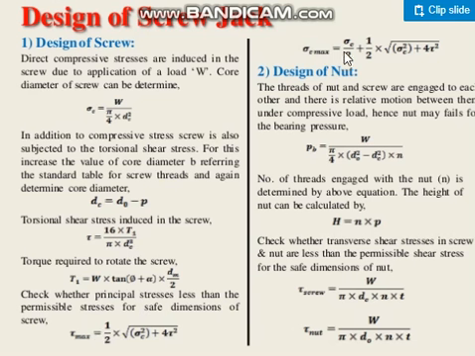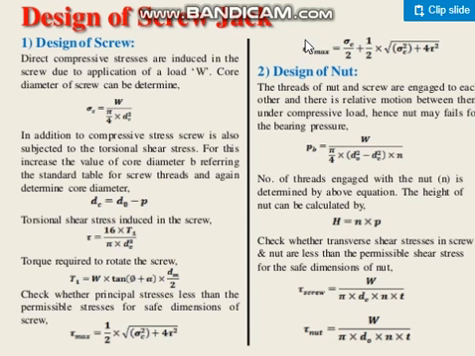Then you check the maximum principal stress by substituting these two values of sigma c and tau, and compare it with the tensile or compressive stress, whichever is given. So this is the procedure for designing the screw. We have found out the core diameter, the pitch, and the nominal diameter, and we have checked whether they are within the permissible limits or not.